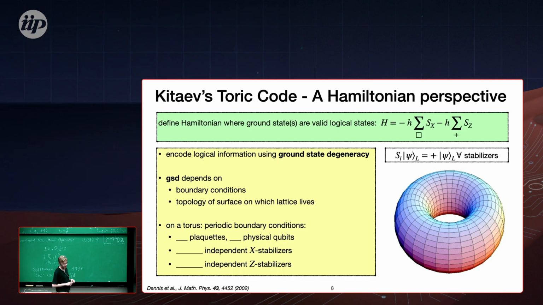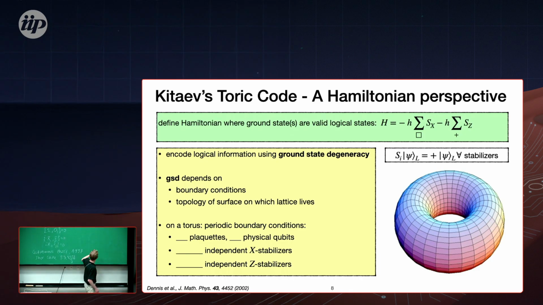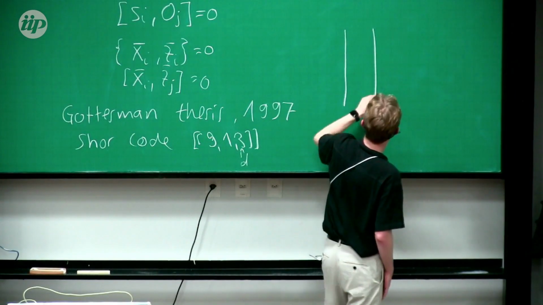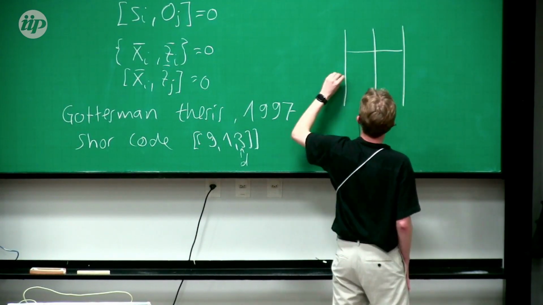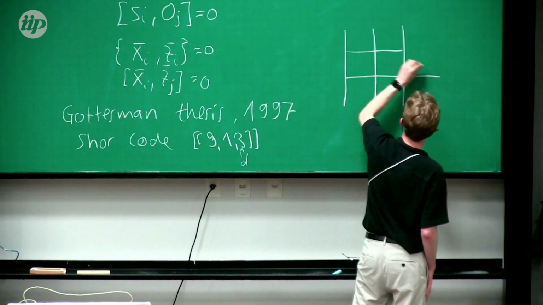And we can now think of how many constraints are still left. So if we look at the torus with periodic boundary conditions, I will just try and draw the torus here with periodic boundary conditions.